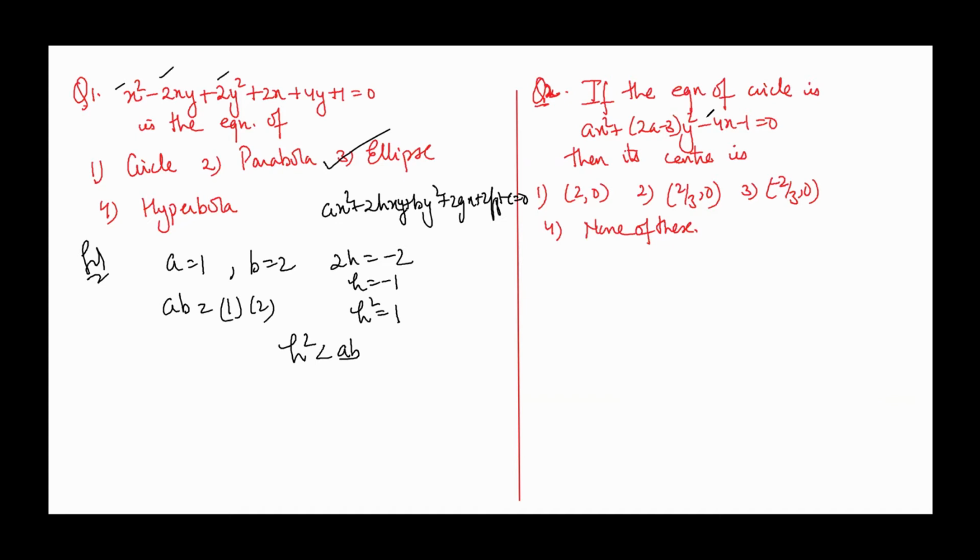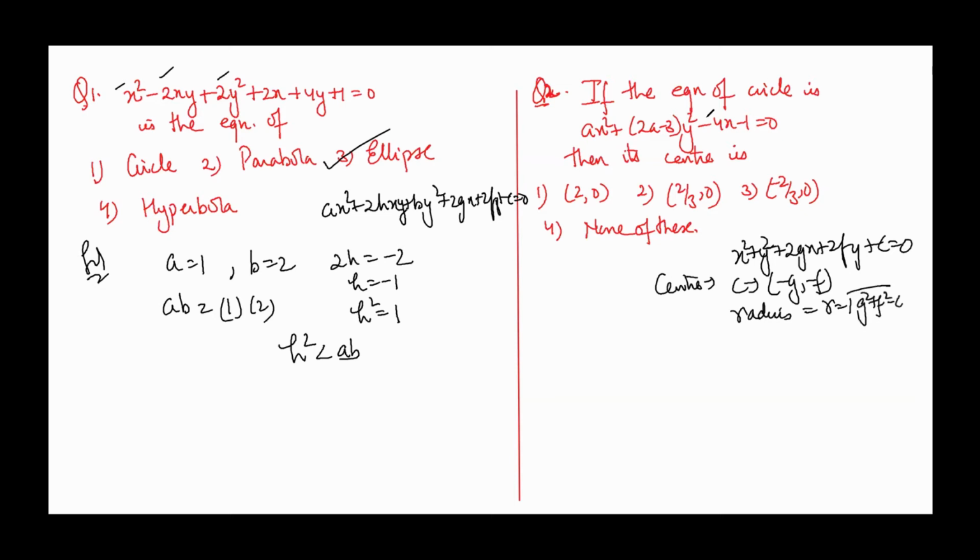Now the second type of question is here. If the equation of a circle is given to be this, and we have to find the center, you know that the general equation of a circle is x square plus y square plus 2gx plus 2fy plus c is equal to 0, and the center from this is (minus g, minus f) is what the coordinates of the center, and the radius is r is equal to root of g square plus f square minus c.